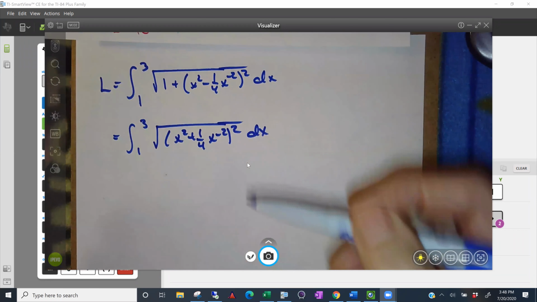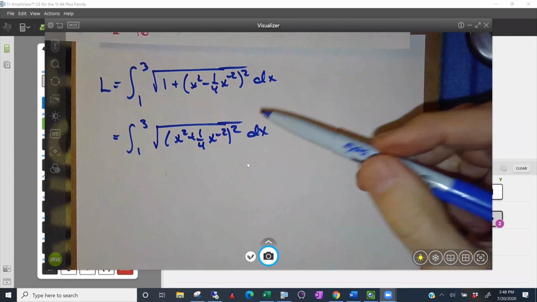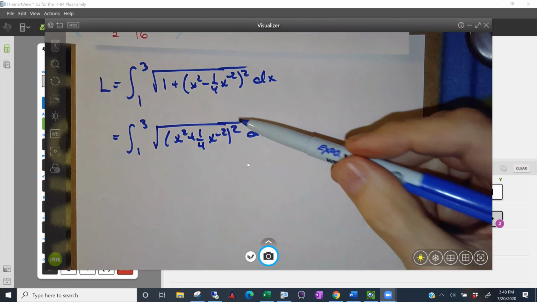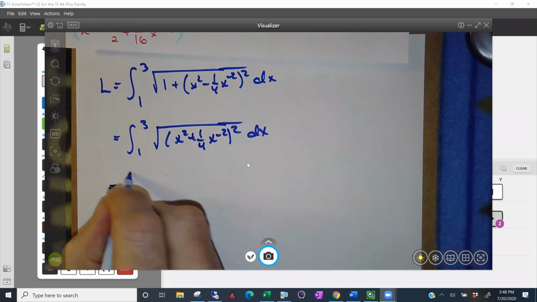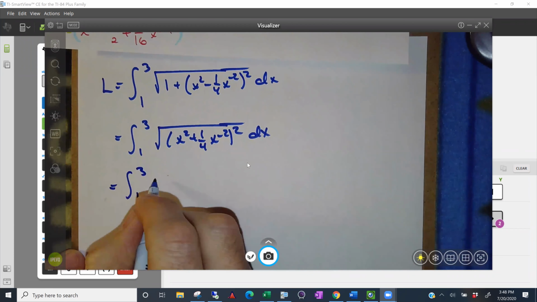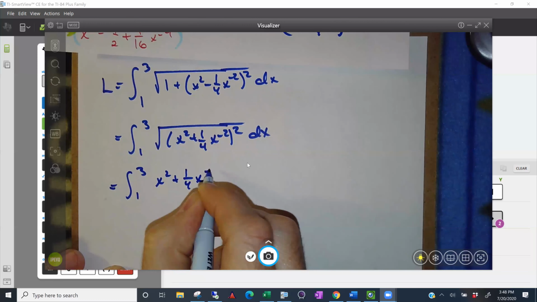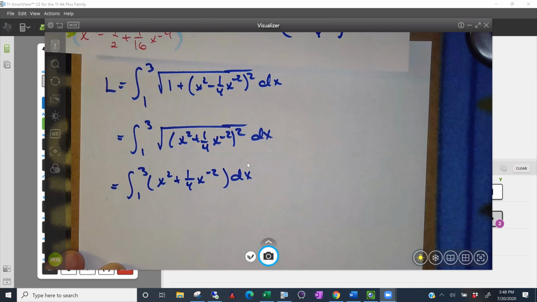And this is the aha moment that I wanted to get to, because this is going to simplify pretty nicely. Square root of x squared, those just cancel. So it's going to be the integral from 1 to 3 of x squared plus 1/4 x to the negative second, dx.